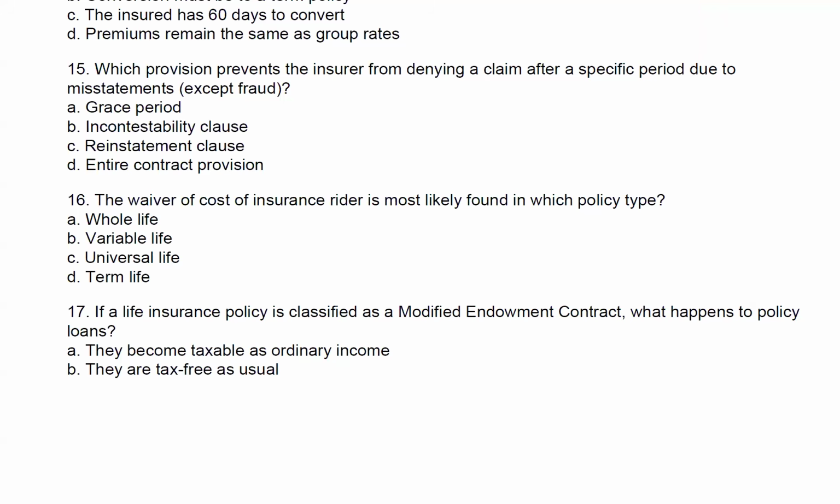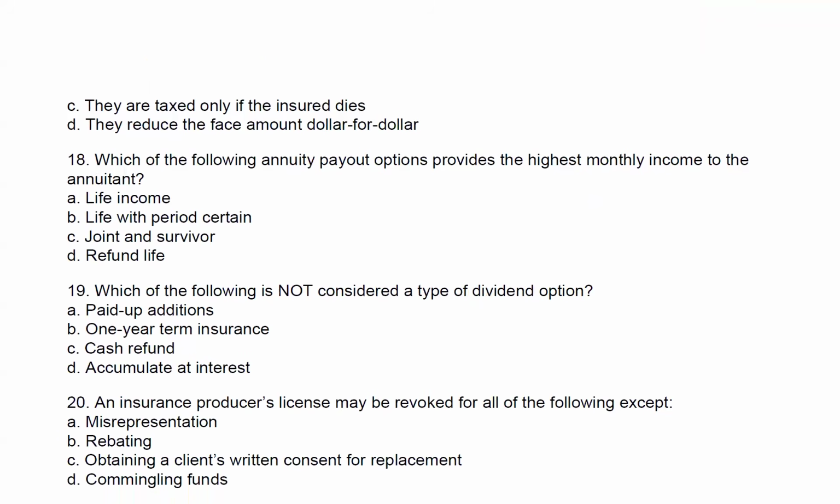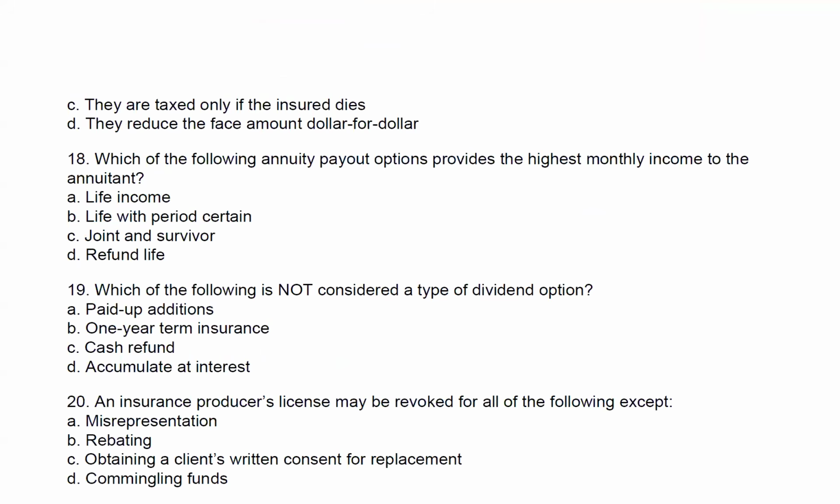If a life insurance policy is classified as a modified endowment contract, what happens to policy loans? A, they become taxable as ordinary income. B, they are tax-free. C, they are taxed only if the insured dies.